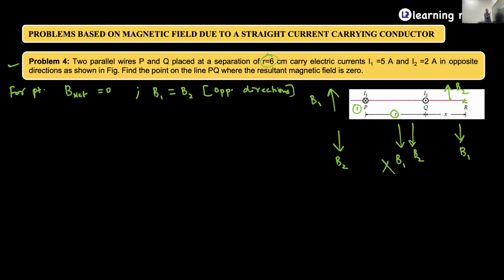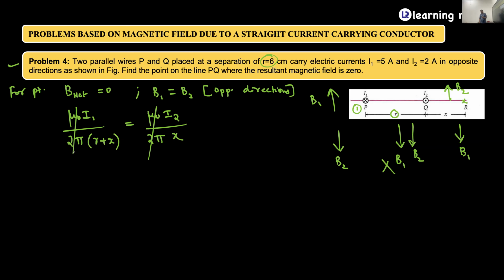So since B1 is equal to B2, I will write mu naught I1 divided by the distance from the point P to R, which is 2 pi into (R plus X). This is the magnitude of field due to the first conductor. What about the second one? This will be equal to mu naught I2 divided by 2 pi into just X. So mu naught by 2 pi and mu naught by 2 pi will get cancelled.